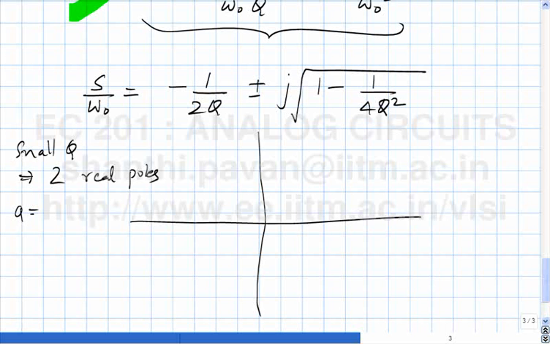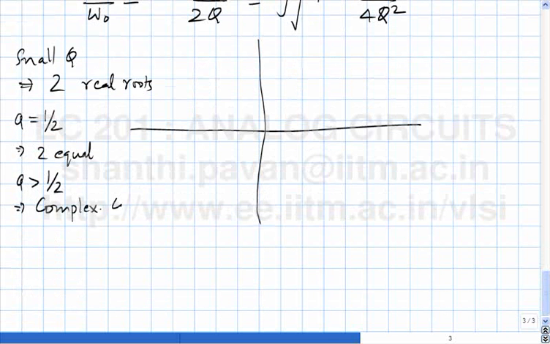So for Q equal to half, that's the point at which you get two equal roots. And for Q greater than half, you get complex conjugate roots.